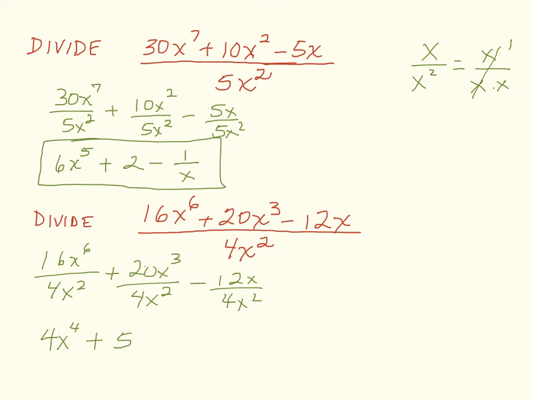X cubed divided by x squared is x. Minus 12 over 4 is 3. But when we divide x by x squared, it leaves us an x in the denominator. Remember, we want to write it with positive exponents only. If you end up with negative exponents, you want to rewrite it so they all have positive exponents. That's why you have to leave that x in the denominator.